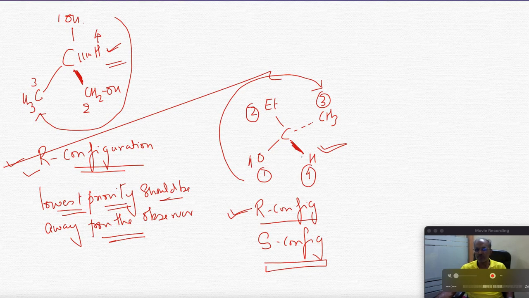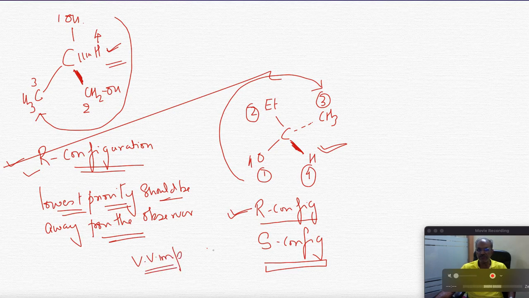So the first thing you have to see is where the lowest priority group is, whether it is towards me or away from me. If it is towards me, then I have to take the opposite. If it is away from me, then whatever configuration is coming is the answer. Just make a note, it is very, very important. People forget it.